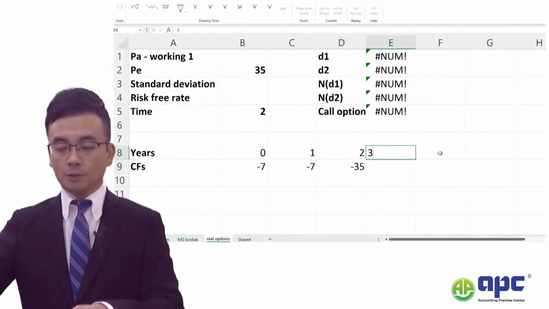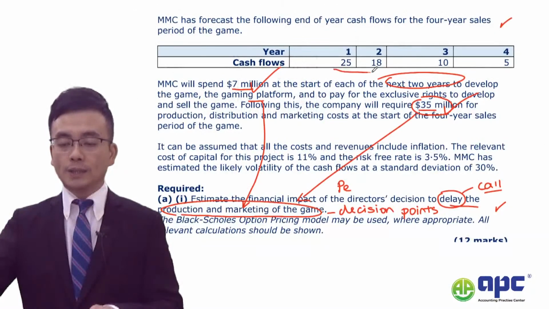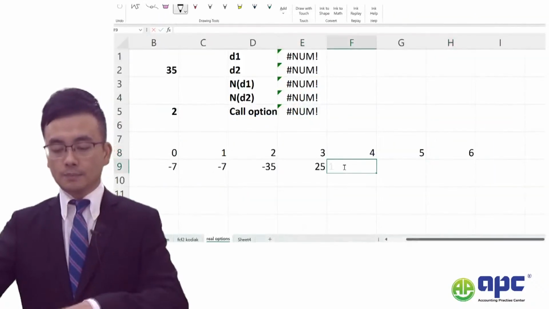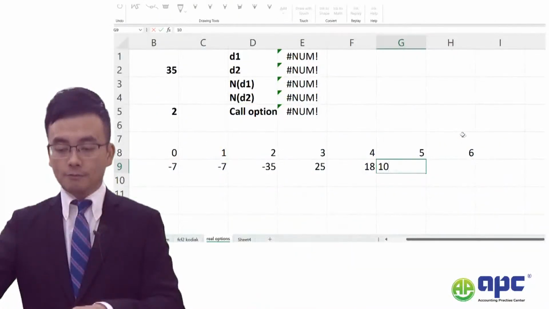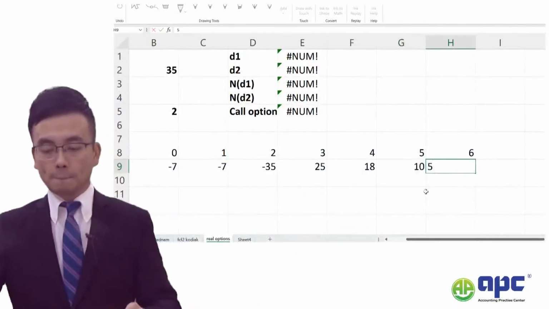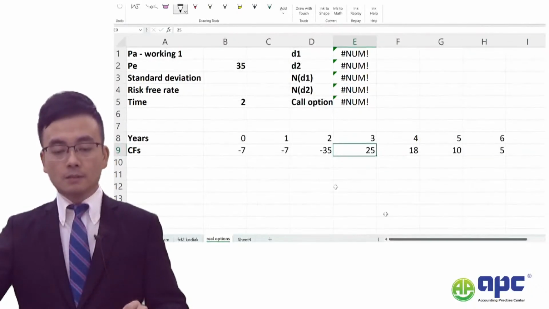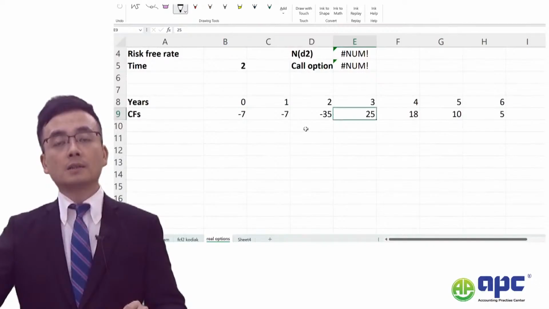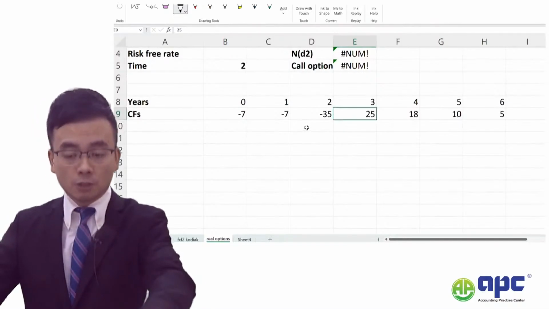And 3, 4, 5, and 6. That's why we can earn 25, 18, 10, and 5, respectively. Okay, so that's the very, very problematic area to most students, slotting figures in the wrong year.